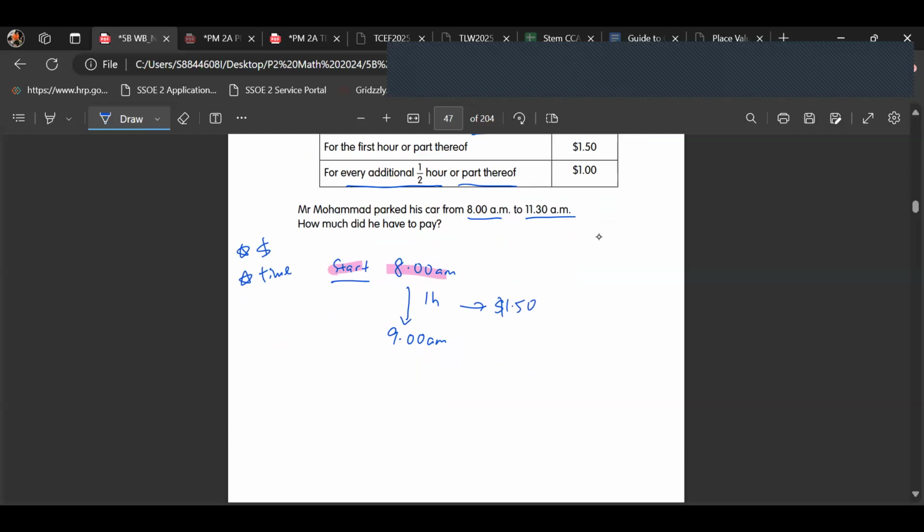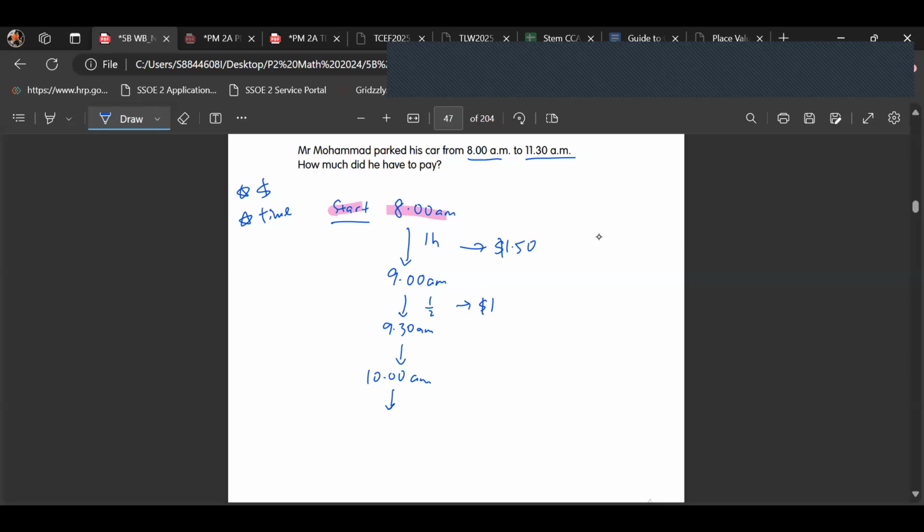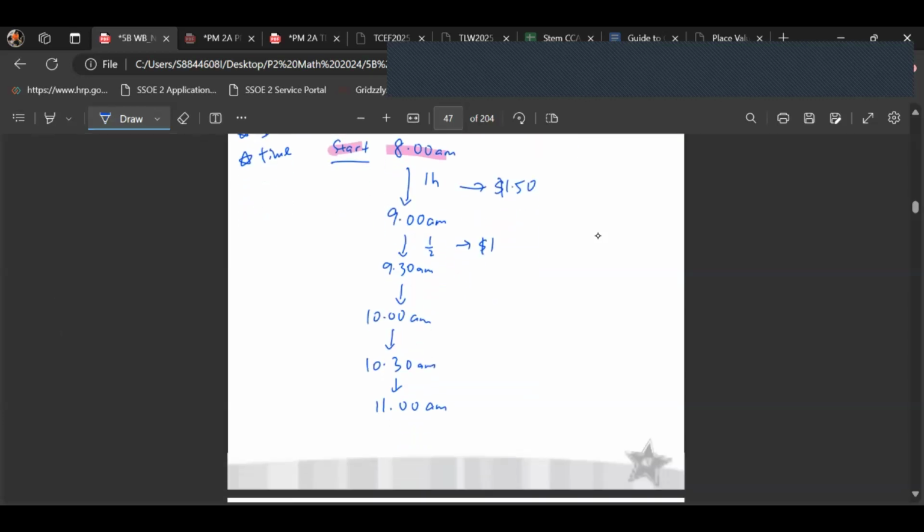So it's 9 to 9:30. That's the half an hour. This is $1. 9:30 to 10 o'clock. 10 o'clock to 10:30. 10:30 to 11. 11 to 11:30.